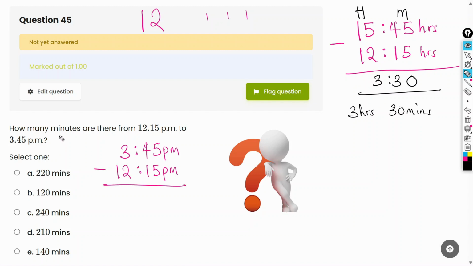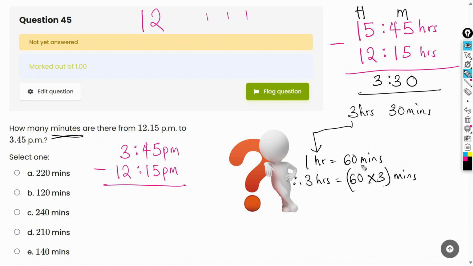But then we are looking for how many minutes. So we should change 3 hours to minutes. You will recall that 1 hour is equal to 60 minutes. Therefore, 3 hours should be equal to 60 minutes times 3. 60 times 3. So 6 times 3 is 18, and then we include the 0. That's 180 minutes for 3 hours.